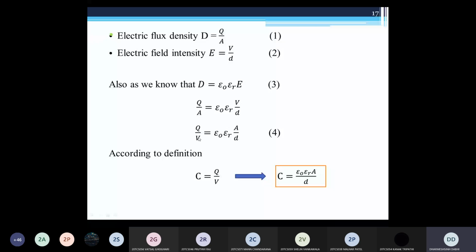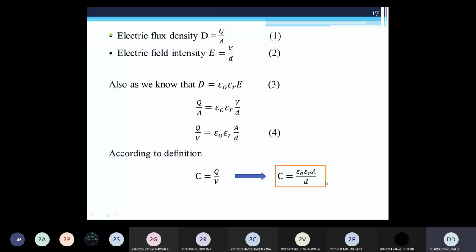So if this V comes here, and A comes to this side, Q by V, that is what? Nothing but the capacitance of this capacitor. So the equation of capacitance becomes epsilon 0 epsilon R A by D. So C is equal to epsilon 0 epsilon R A by D. This is the equation you can use to find the capacitance of any capacitor.